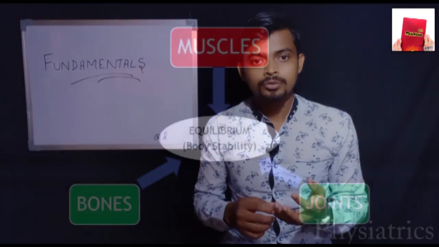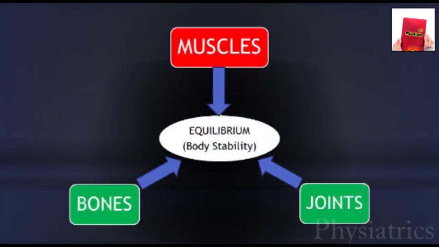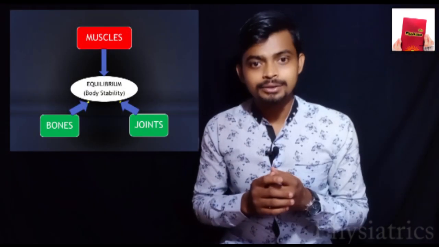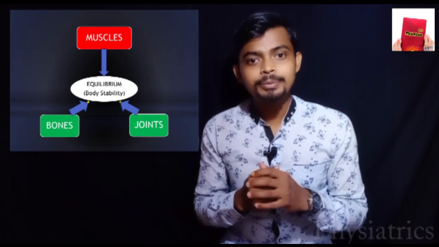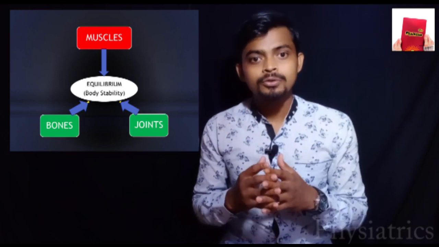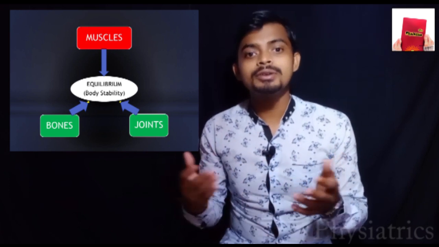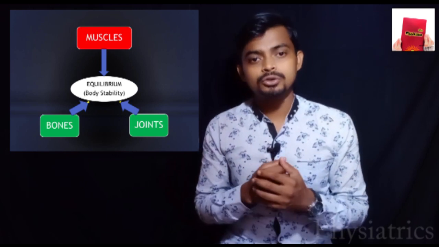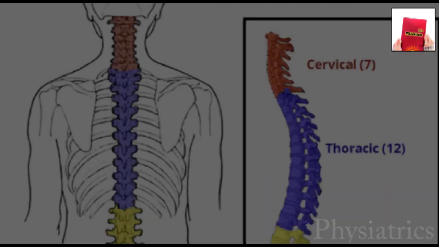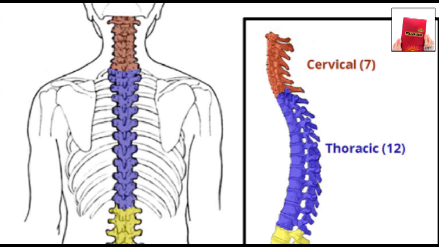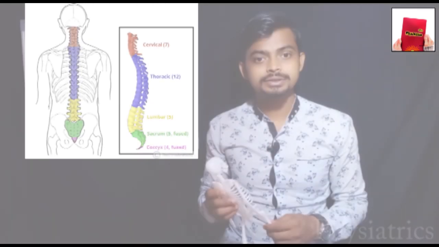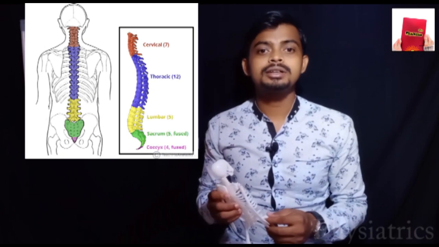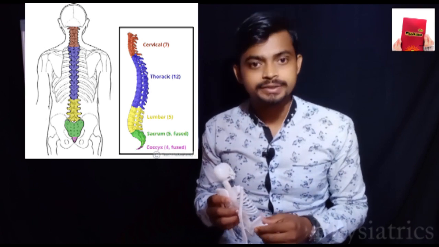It is presumed that our body is a dynamic structure where the bones, the muscles and the joints work in a coordinated manner to maintain the body equilibrium, which makes our daily living easier. So, what happens? Let's consider a joint. Let's consider the weight bearing joints like the vertebral joints.